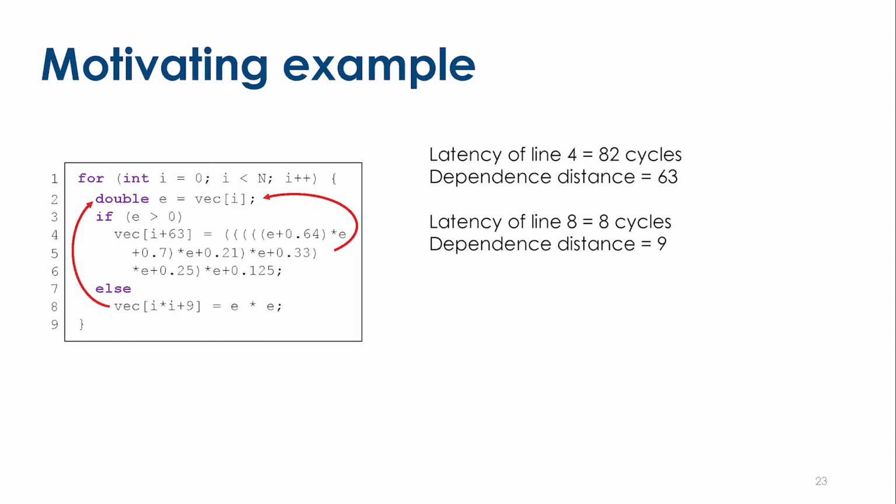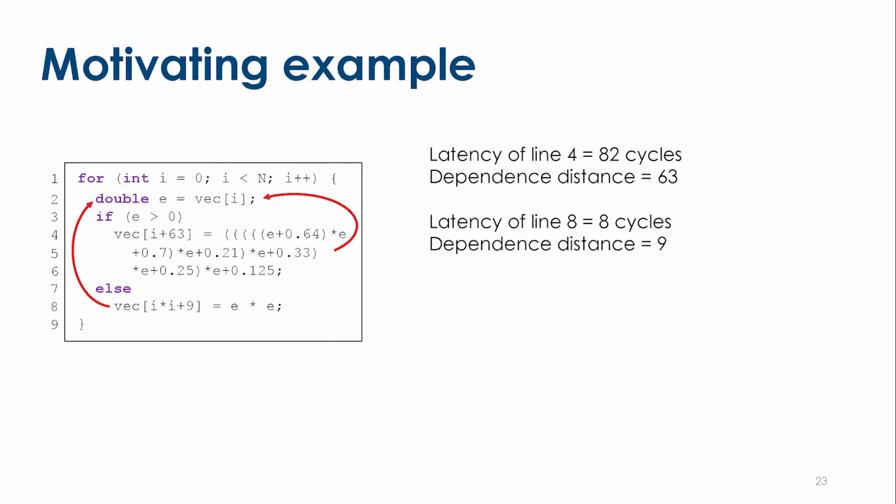Now let's go back to the motivating example. The first dependence has an iteration latency of 82 cycles and a dependence distance of 63. The second dependence has an iteration latency of 8 cycles and a dependence distance of 9.